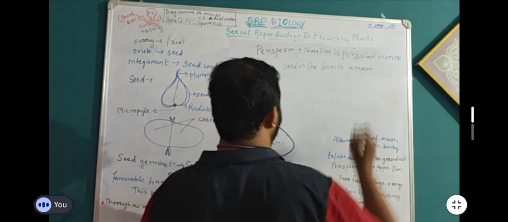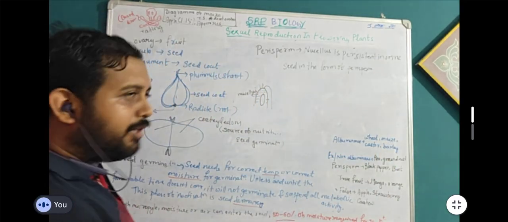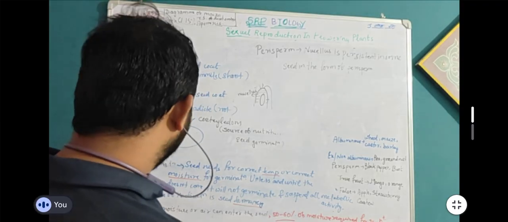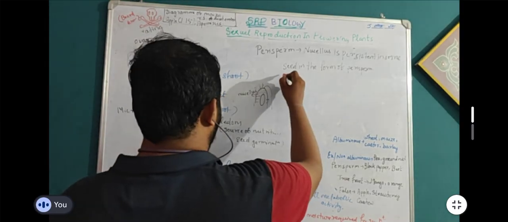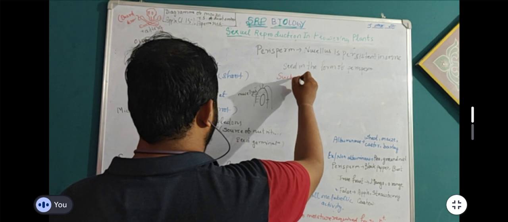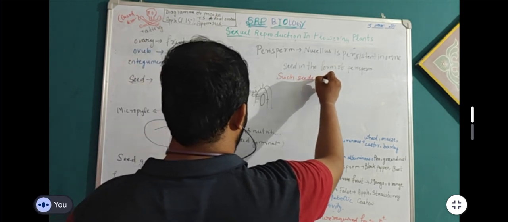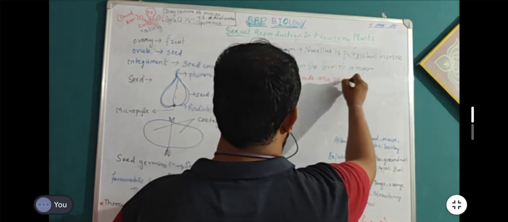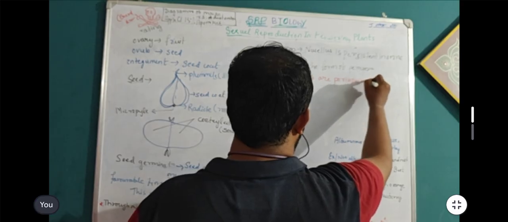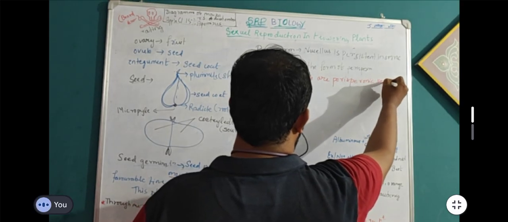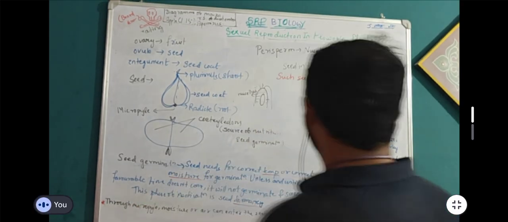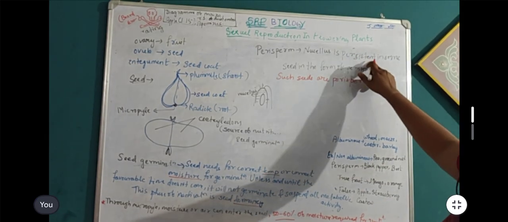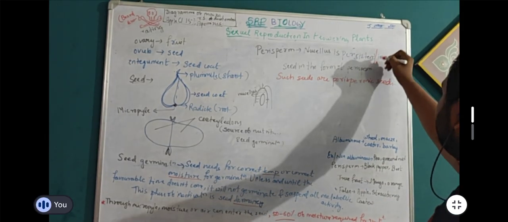It can still be found in the form of perisperm. Such seeds are called perispermic seeds. Sometimes it is given as persistent, or in some books you will find the word reminiscent.